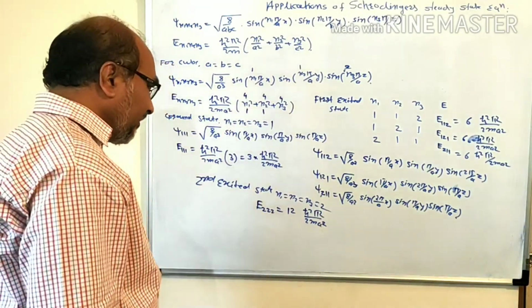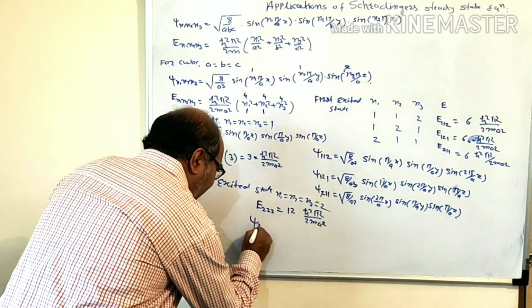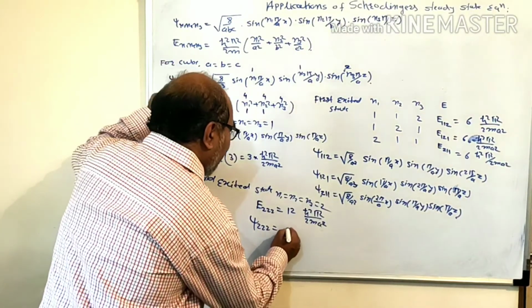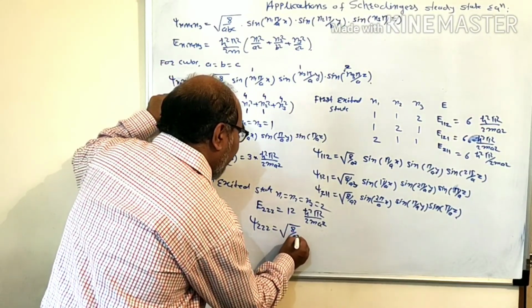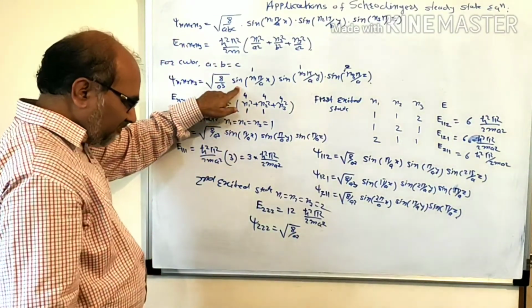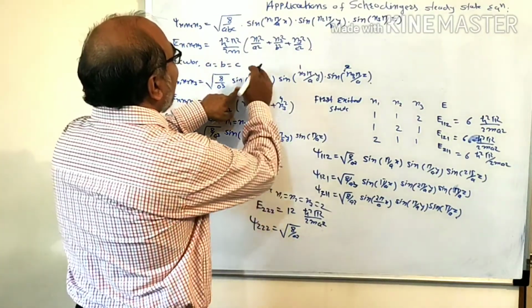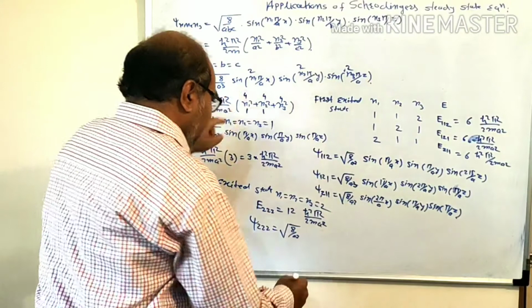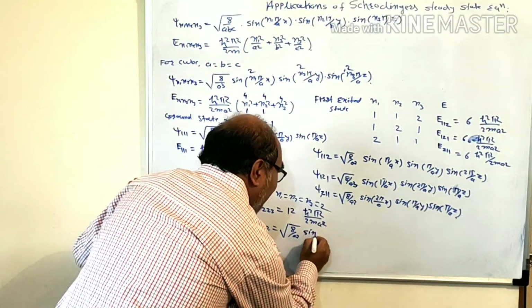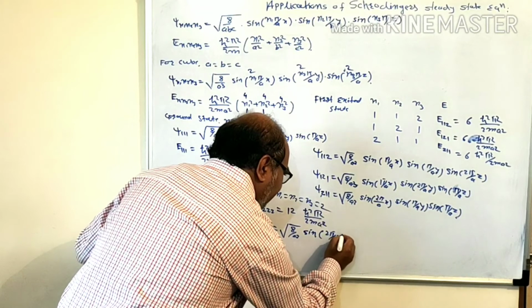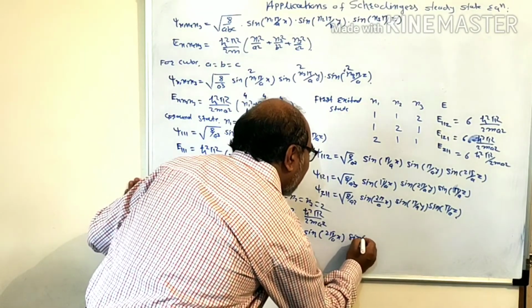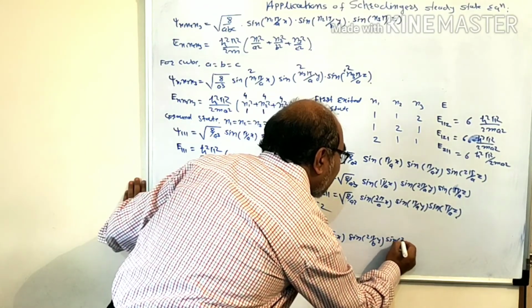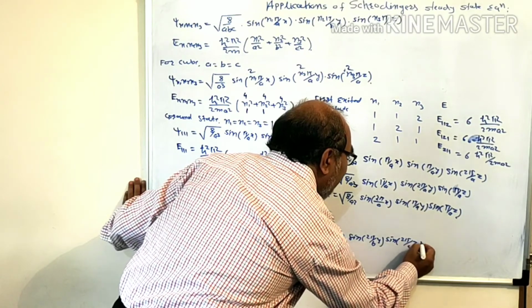Okay, and the corresponding eigenfunction psi 222 is, this is the general formula, root 8 by a cube as it is, times sine of n1, n2, n3 terms. Here they are all 2, and therefore this can be written as sine 2 pi x by a, sine 2 pi y by a, sine 2 pi z by a.